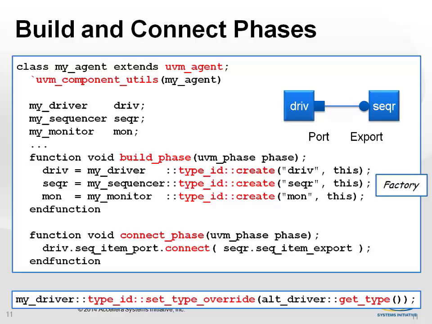So by default, if we take the line my_driver::type_id::create, that's going to create an object of class my_driver. We're asking the factory to create a driver. And the guy who originally wrote this code thousands of miles ago and many months ago just said create something of type my_driver. Now we can have this very function call create something different by setting a type override. So the bottom line on the slide here, my_driver::type_id::set_type_override, is saying, no, don't create my_driver, create alt_driver instead.